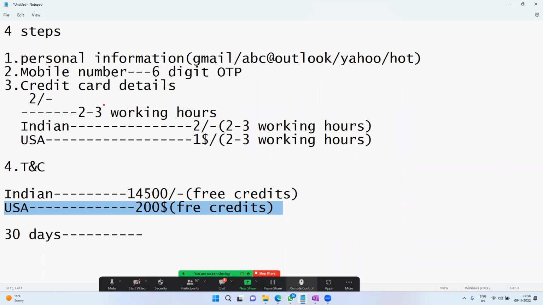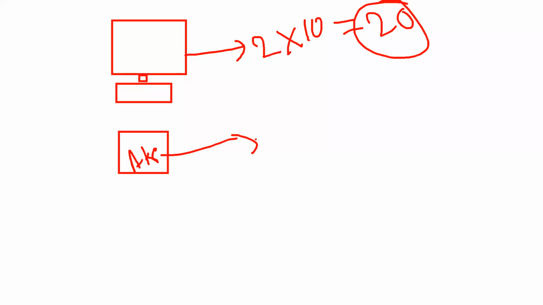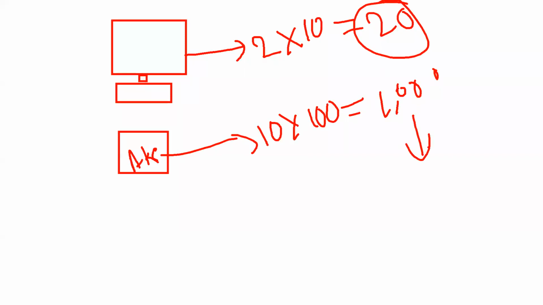For example, you have created one virtual machine and used it for 2 hours. 2 hours into 10 rupees, they will debit 20 rupees. If you created AKS services and used them for 10 hours, 10 into 10, 100 rupees, total 1,000 rupees. So at the end of the month, you will get a 1,500 invoice bill you have to pay.